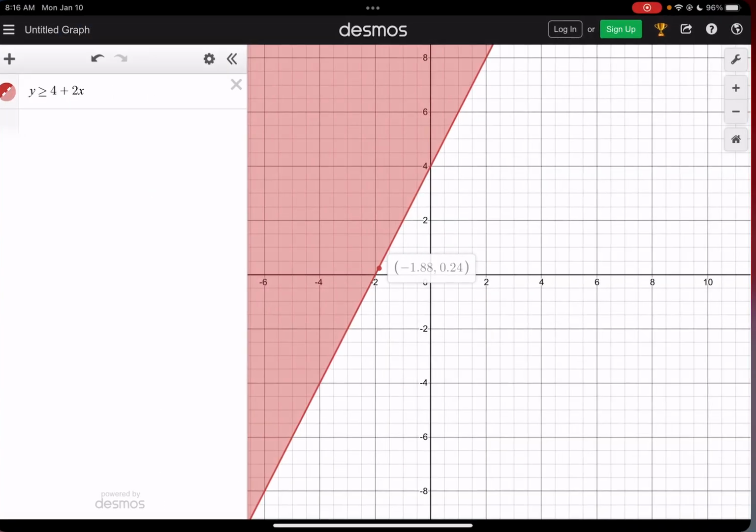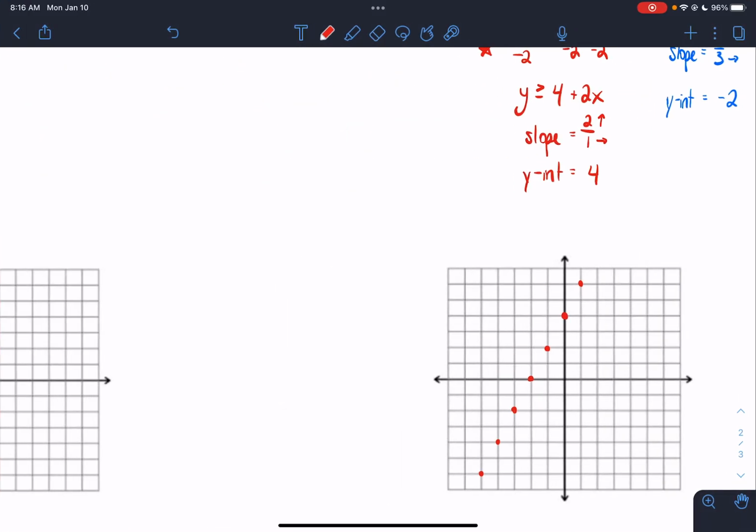Okay, 4 plus 2x, good. Solid line. There you go. And this is where I'm shading.